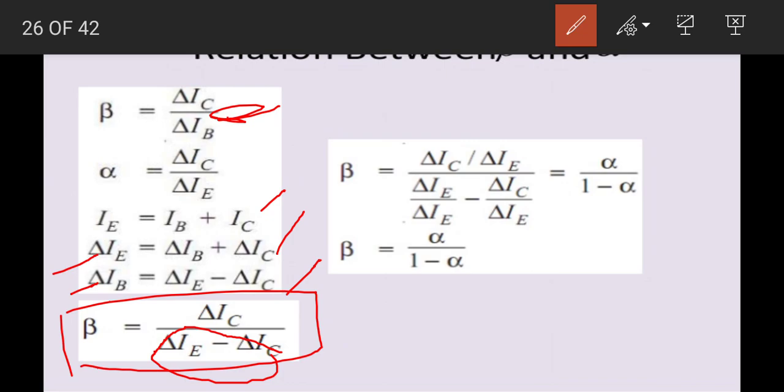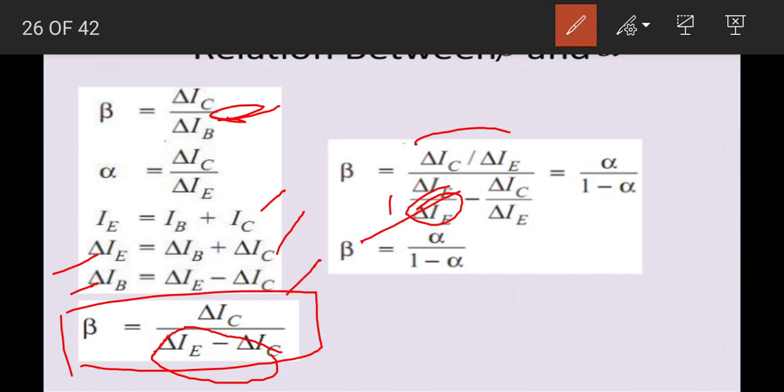Now divide each term by delta IE: delta IC upon delta IE, and delta IE upon delta IE, which comes to 1.